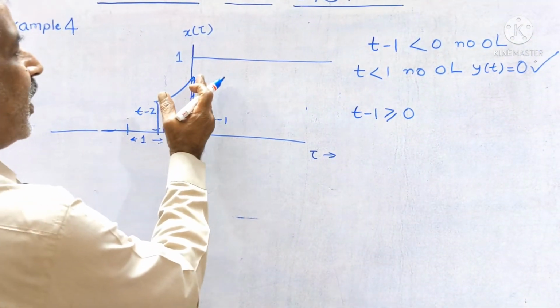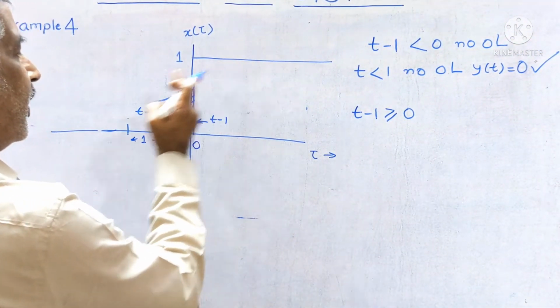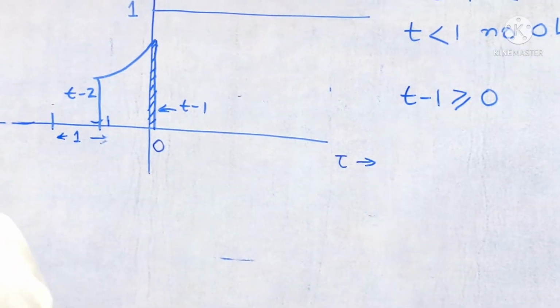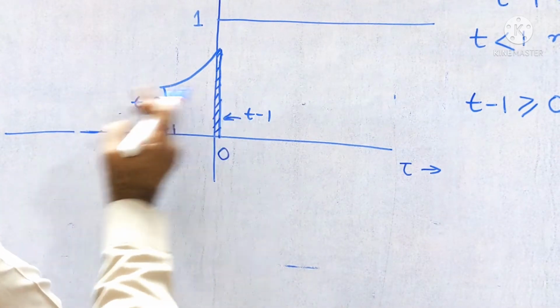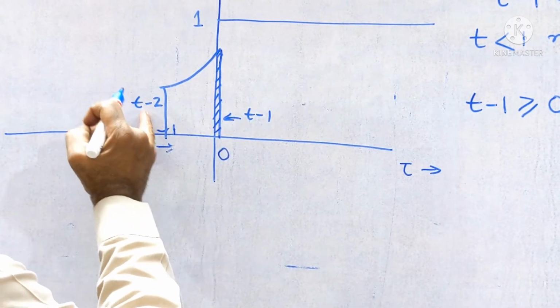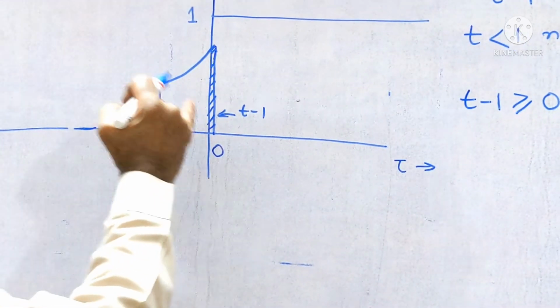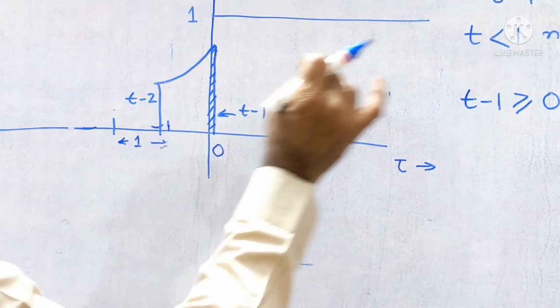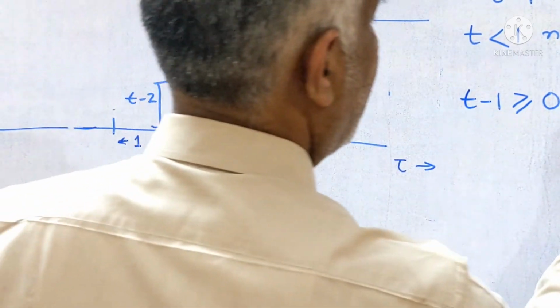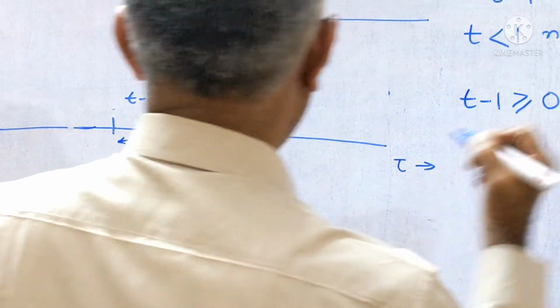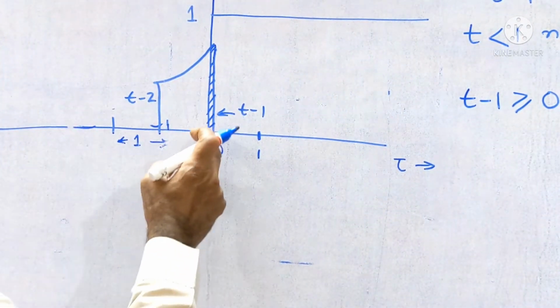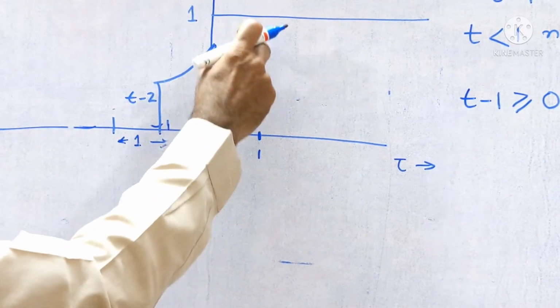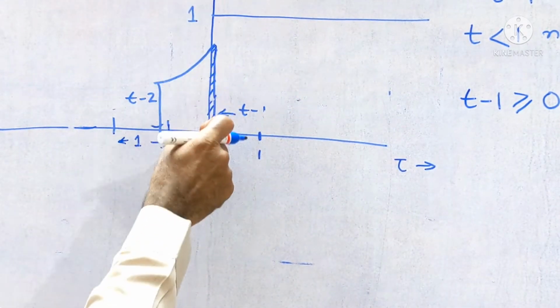Because if t minus 1 moves this way, the t minus 2 edge is not at all overlapping, it is outside this. Therefore, the t minus 2 edge should come to the origin. Here 1 is here because this width is 1. So by the time this edge occupies this position, this edge occupies the origin.